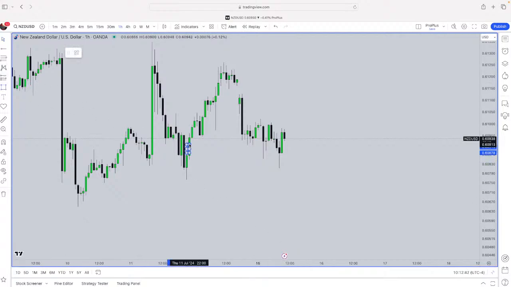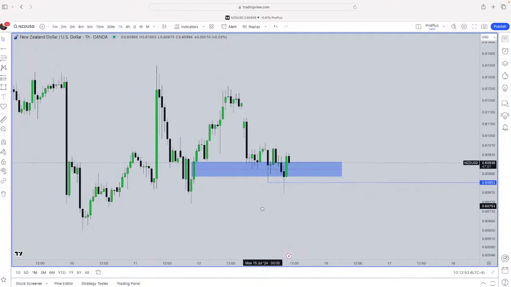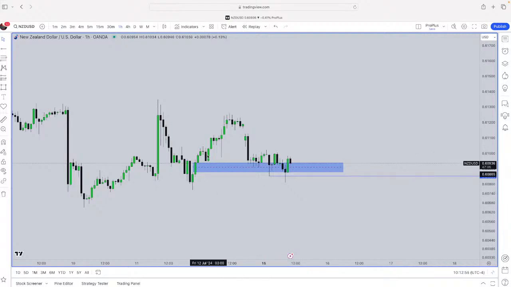So we've got this BISI here. BISI's been respected. Sell side's taken. And if we draw from the low to the high here, or even to that, then this would be a bullish order block here. So bullish order block's been respected as well.